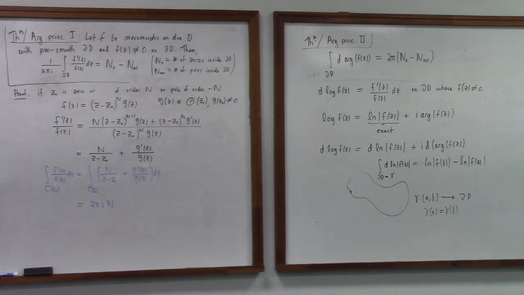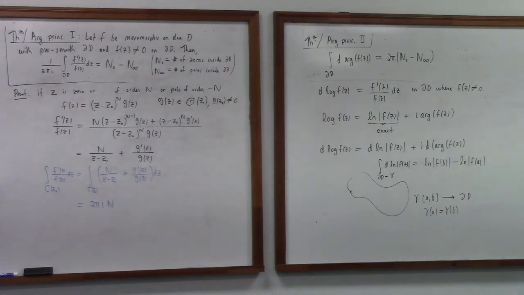I'm a dummy. All right, so let's try to apply the argument principle to this thing. I want to analyze argument principle number 2. What's the change in the argument of f of z if we look around the boundary of D? This is literally a picture of f of gamma of t.